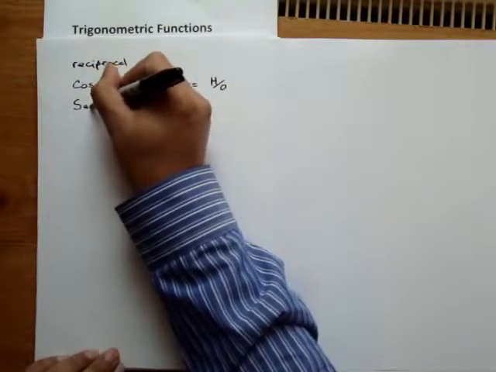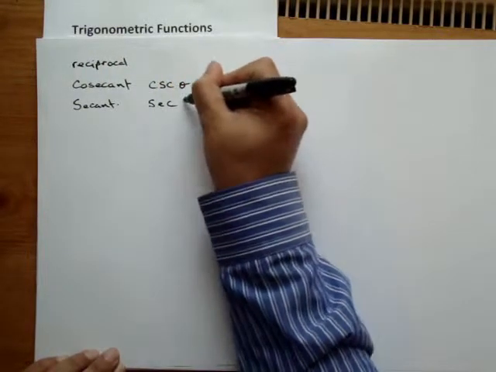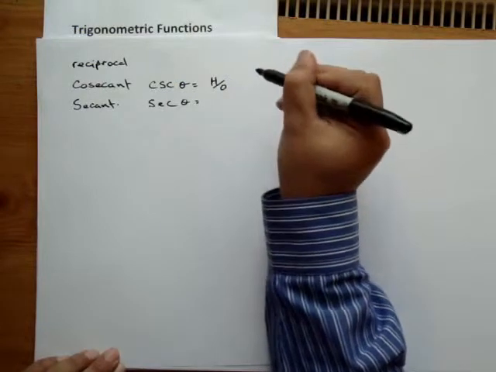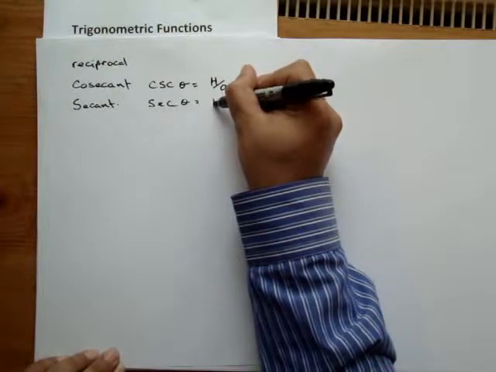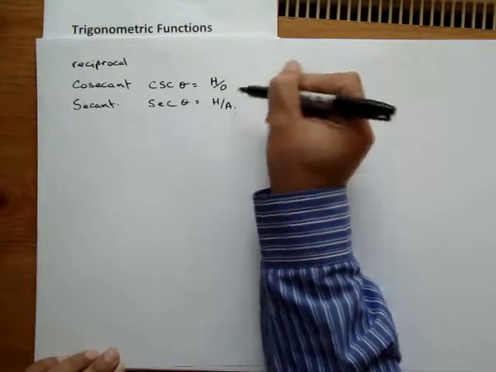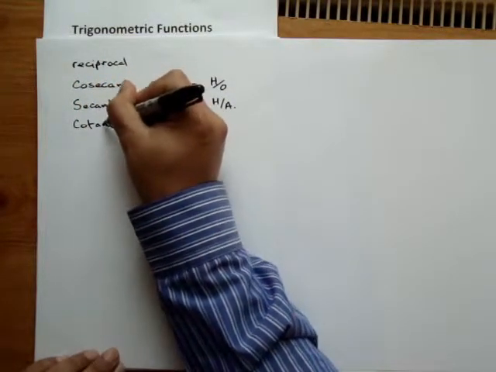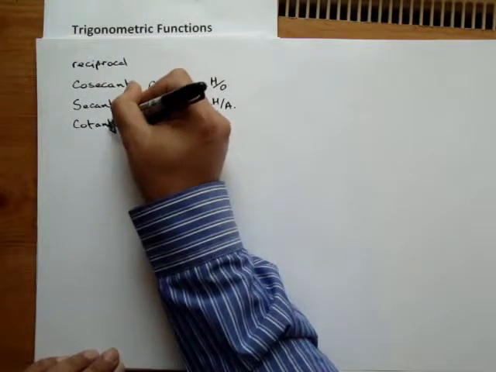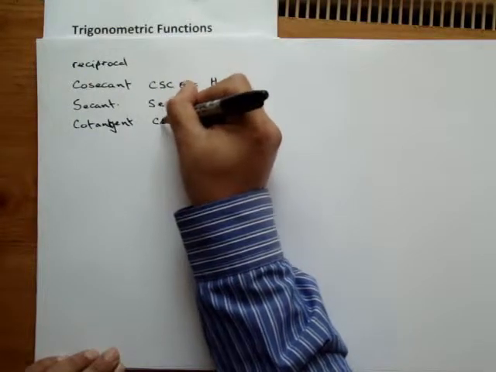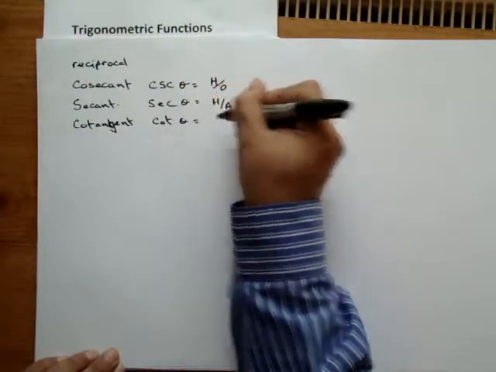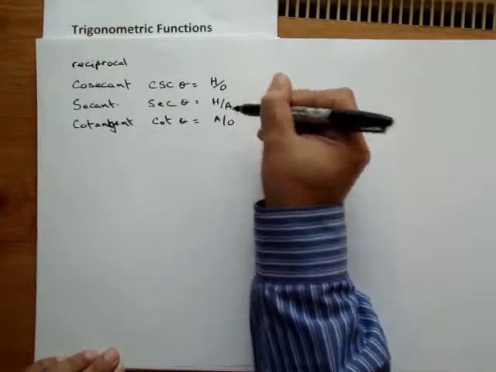The secant function we write as sec theta, that's the reciprocal of cosine, so that becomes hypotenuse over adjacent. And then the cotangent function, which we write as cot theta, is the reciprocal of tangent, so this becomes adjacent over opposite.